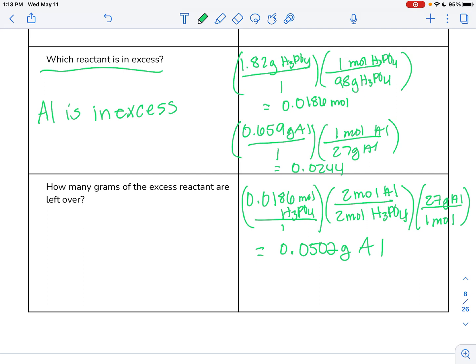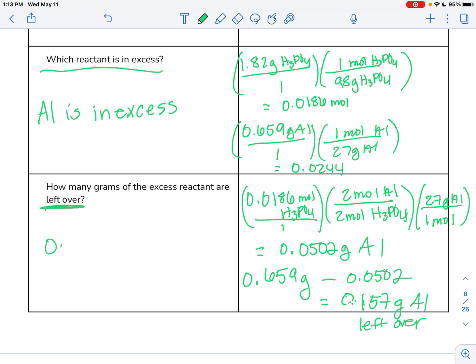This much aluminum was used up. That is not what the question is asking. To figure out how much is left over, you take the grams that you started with of aluminum and subtract the amount that was reacted. And so that is going to be our answer.